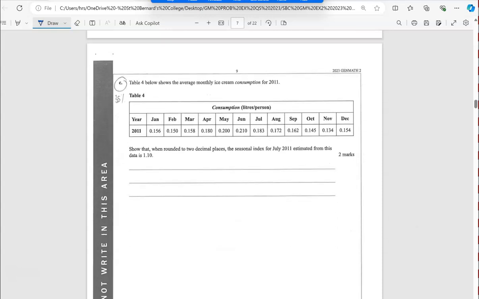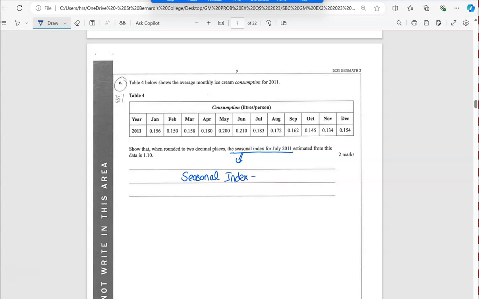It said show, when rounded, the seasonal index for July 2011 estimated from this data. So first of all, I need the seasonal index.